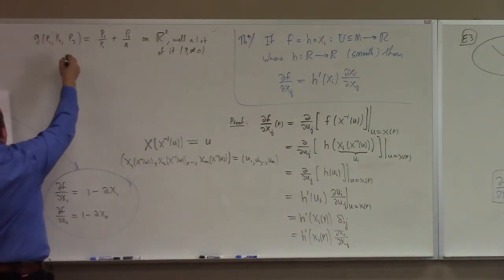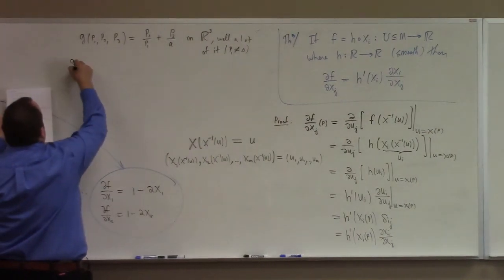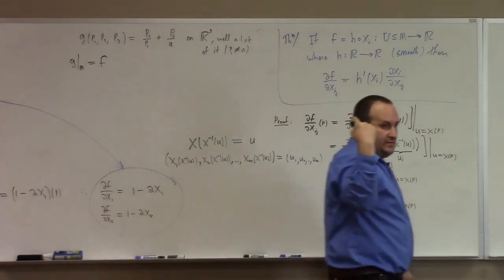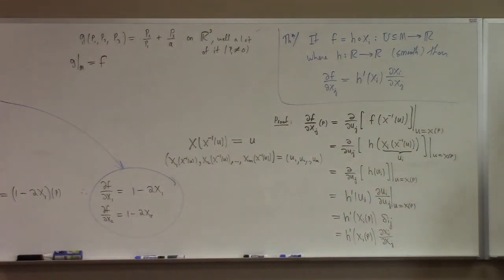So the point, though, is that G restricted to M gives me F. The restriction of that G to the manifold here, I'm calling this thing M, gives me the function F we differentiated.